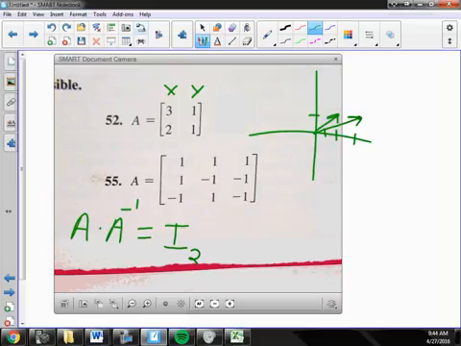I divide by, well, not I2, I divide by A. How do you divide matrices? You can't. There is no matrix division. So what's the opposite of multiplying by A? It's multiplying by its inverse. So I can actually multiply by the inverse here. What's A inverse times A? This is I2. And what's I2 times A inverse?